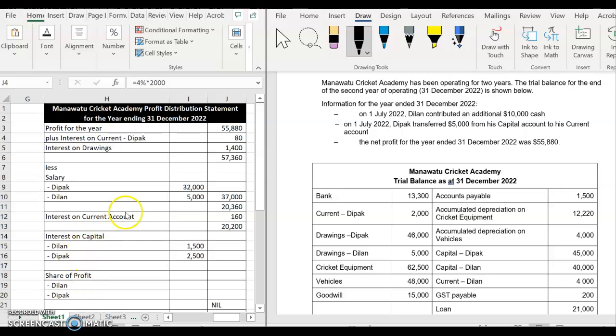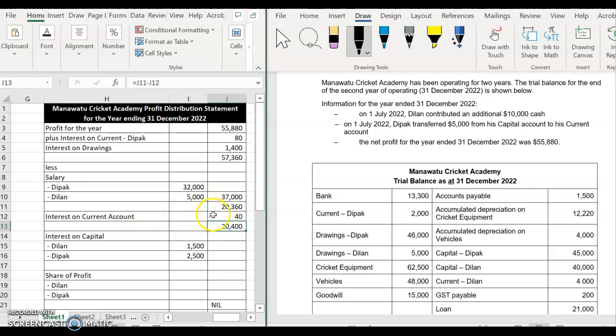So this interest on current, because it's on the opening current, we have to go 4,000. It was 5,000 less. And really, I should have put that one up here.